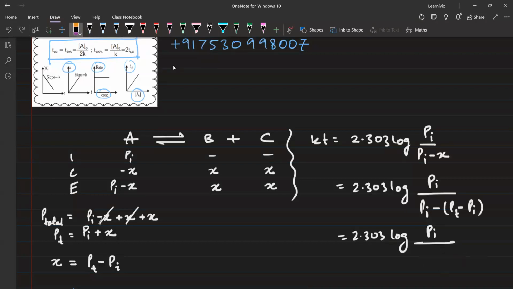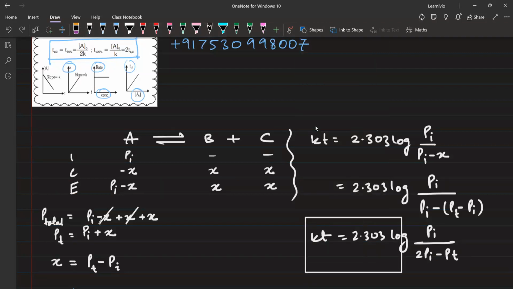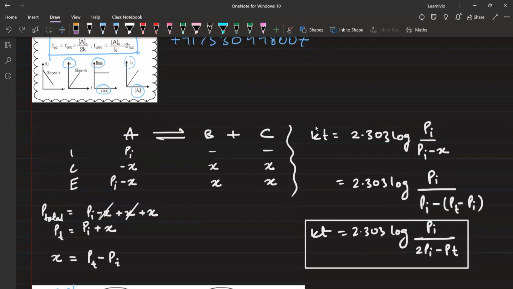Okay, we can write it like this: 2Pi minus P total. So this is the formula for what? For first order reaction in gaseous phase. Please copy this down.